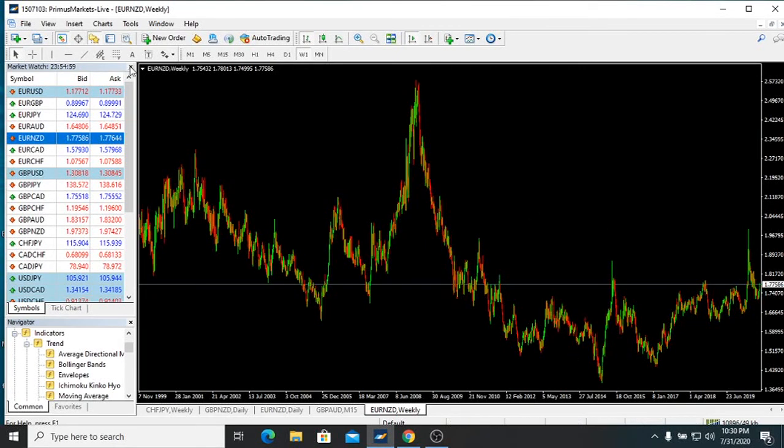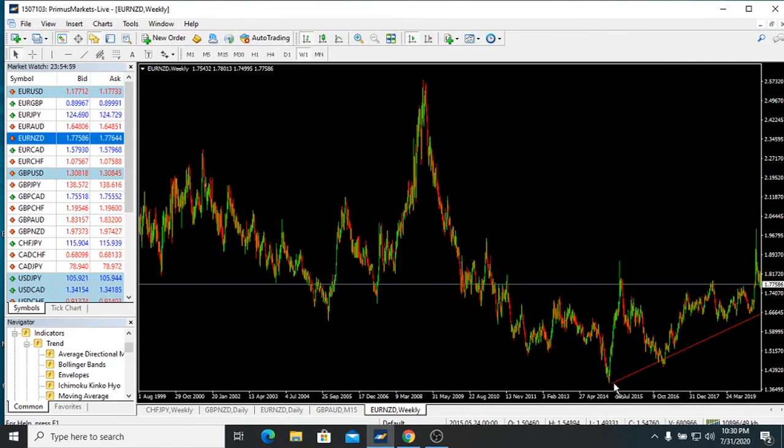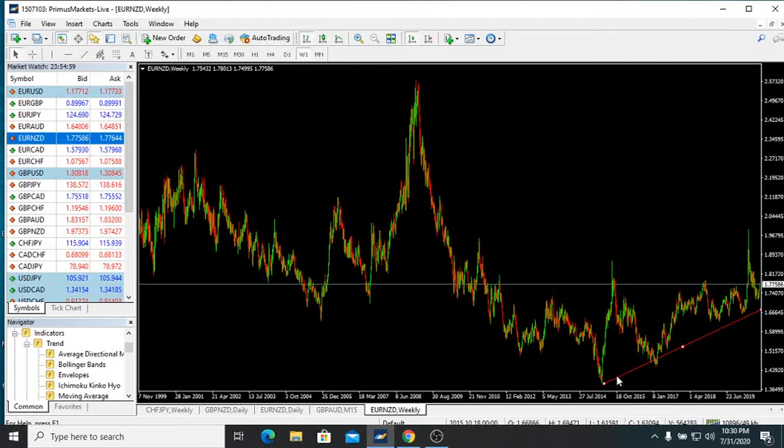yes, we can draw something here. Let's see, can we do something like this? Can we? Yes, even if not this, maybe we can take it from this one to this one. Currently this is what the market is doing.